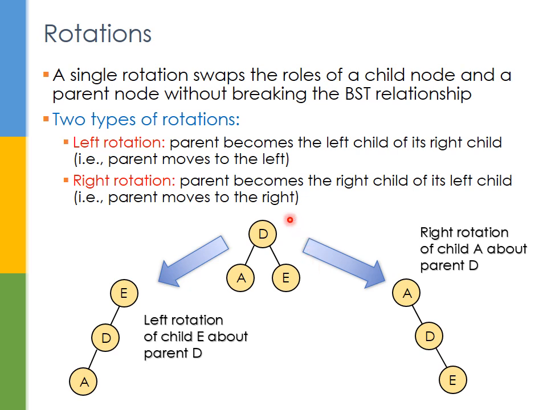So again, if we start with our original tree over here, then this parent D becomes the right child of its left child A. So we can see we have a situation here where A has a right child, which is D, and that was originally the parent node, and then node E, which is the right child of D, has not changed position because it was the right child of D to begin with.